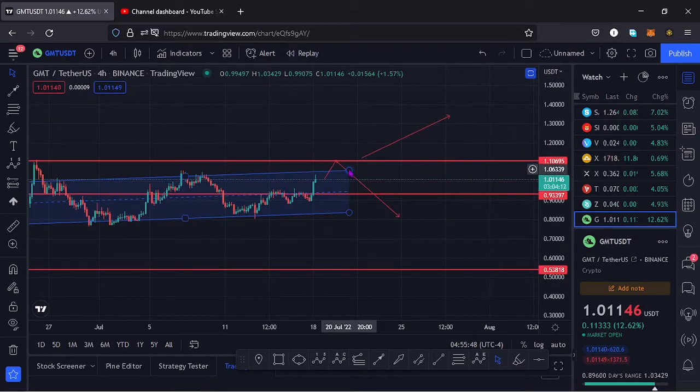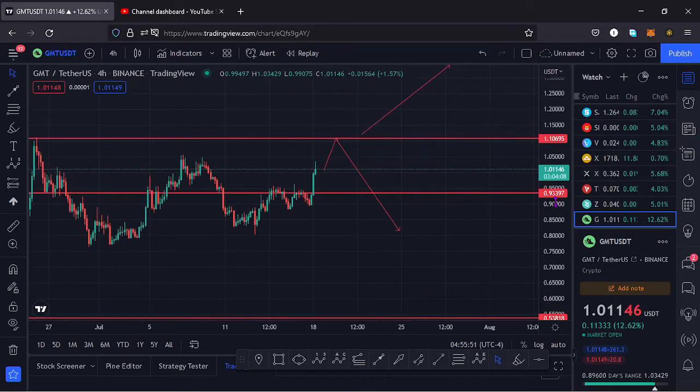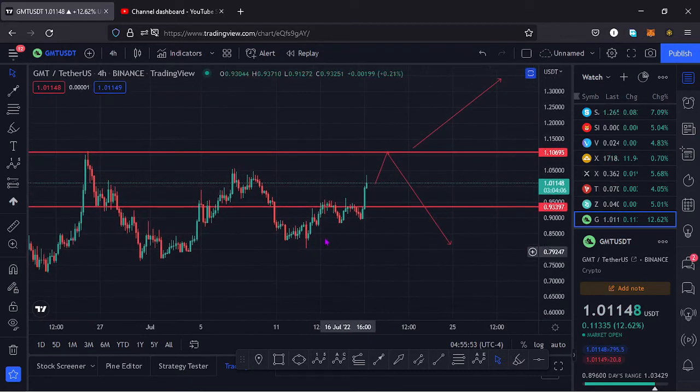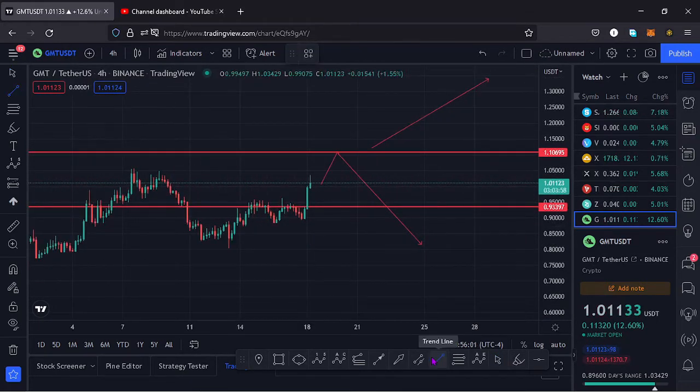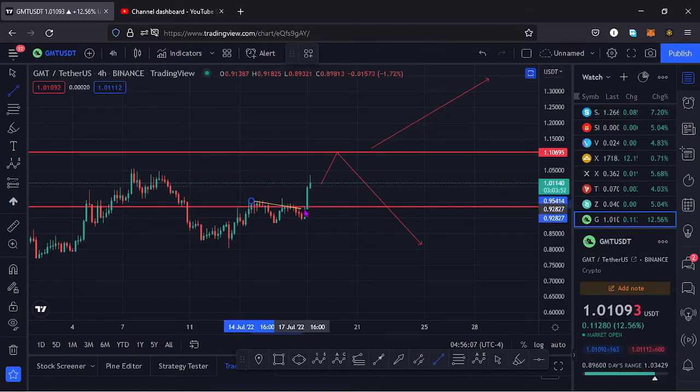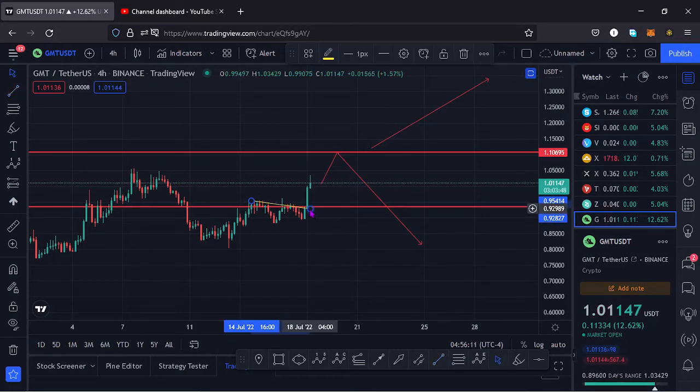If I jump to the 4-hour chart for further analysis, here on the 4-hour chart I also have a pattern which is indicating that GMT might be headed for even higher prices. If you look at this chart, you can see that up here we have been trading within this trend line with more than 3 touch points.